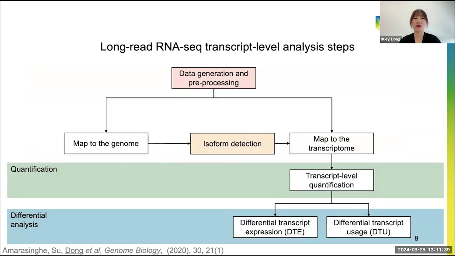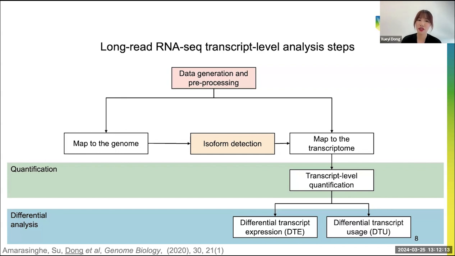For long-read transcriptomic data analysis, we usually also start the workflow by mapping the reads to the genome or the transcriptome. If we map the reads to the genome, there is an additional step called isoform detection. That's something that is not that easy to do with short reads. With isoform detection, we can detect whether there are any novel transcripts that were not annotated but exist in the data.